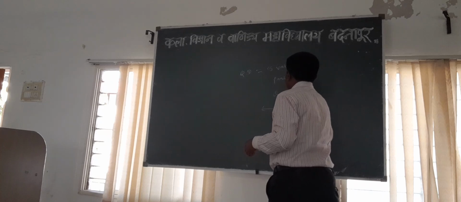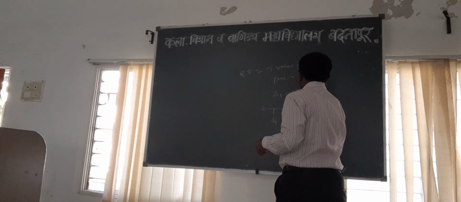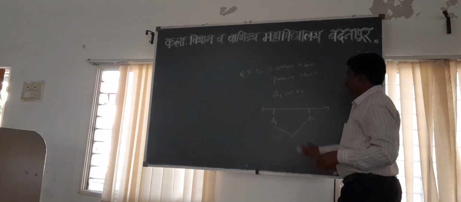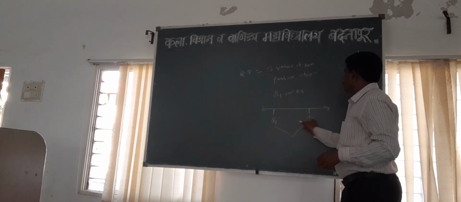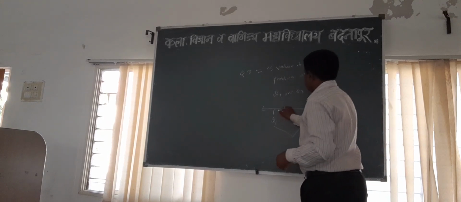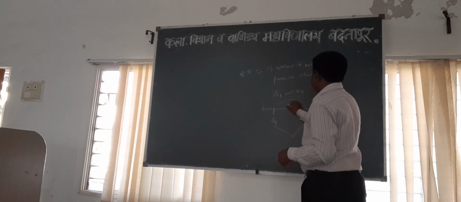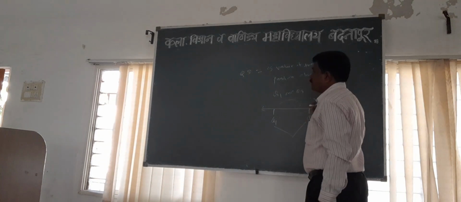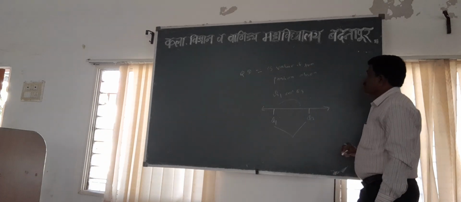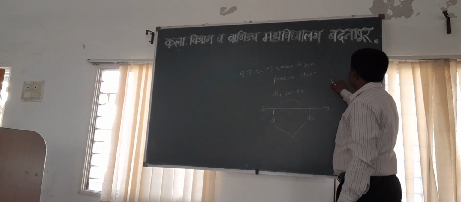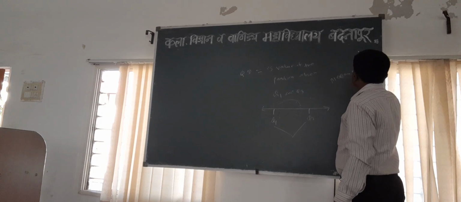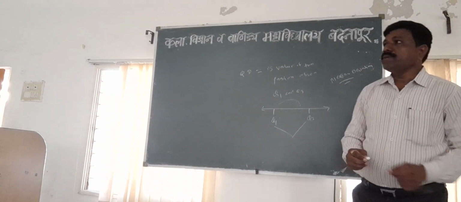But changes in between observations cannot be shown in the quartile deviation. It is the main drawback of the quartile deviation, and therefore we use the mean deviation. In the next lecture we will study the mean deviation.